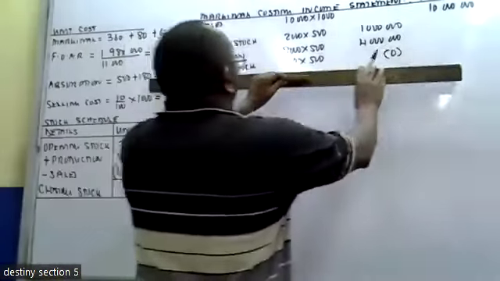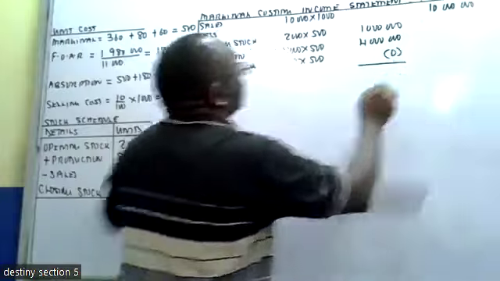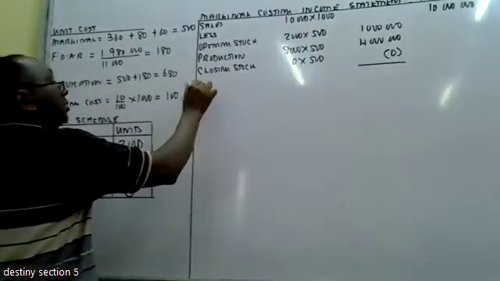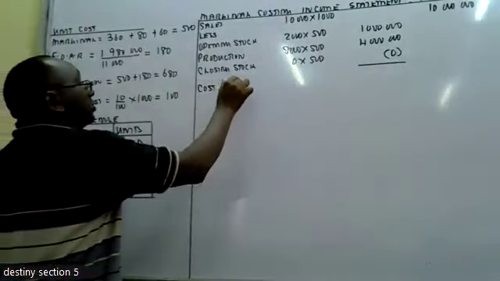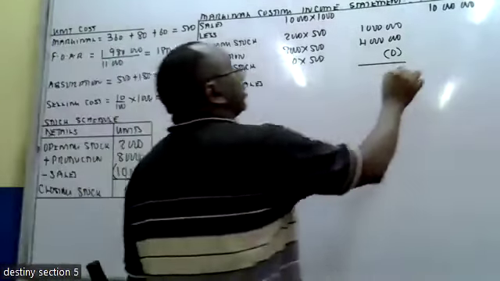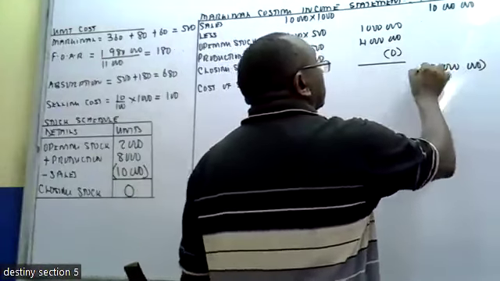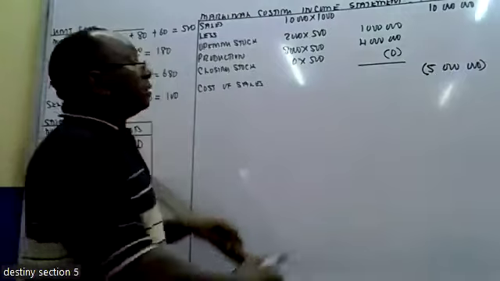So with that, now we can have ourselves a figure called what? Cost of sales. That would be 5 million. $5 million.